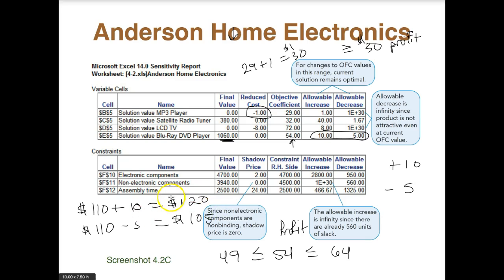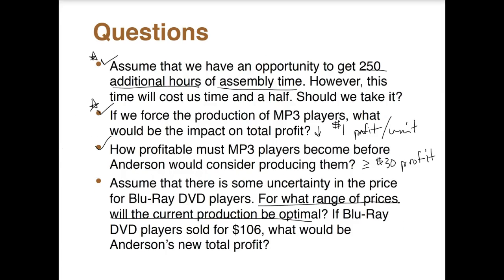So our range for selling the Blu-ray DVD players and still producing the 1,060 is going to be anywhere from 105 to 120. So that would be the answer to the first question there. Okay, so our price will be from 105 to 120.